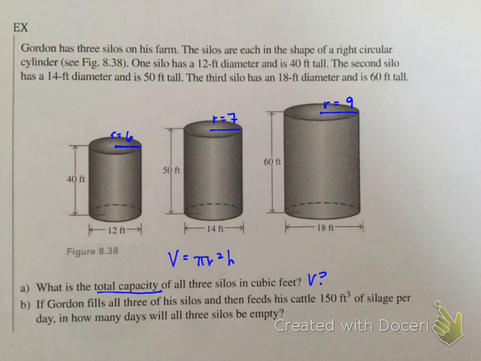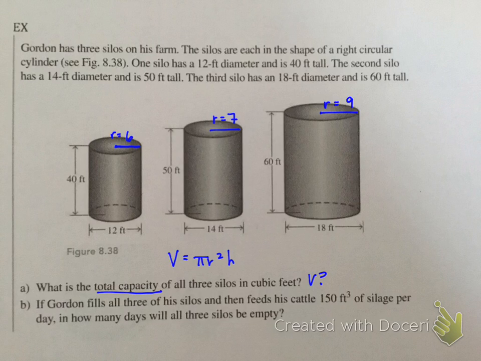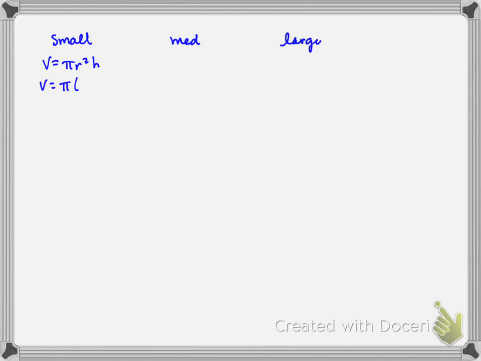Let's go ahead and work these out using the formulas. I'm going to do small, medium, and large silos. For the small silo, remember we're using volume equals pi r squared h. The radius for that one was 6, and the height is 40. So I get pi times 6 squared times 40.